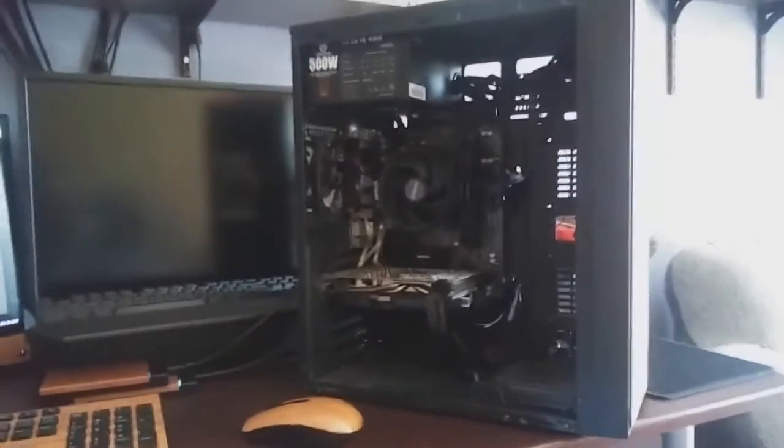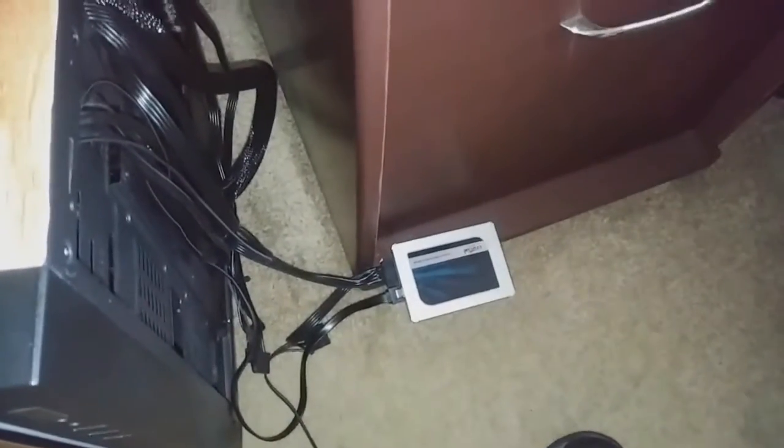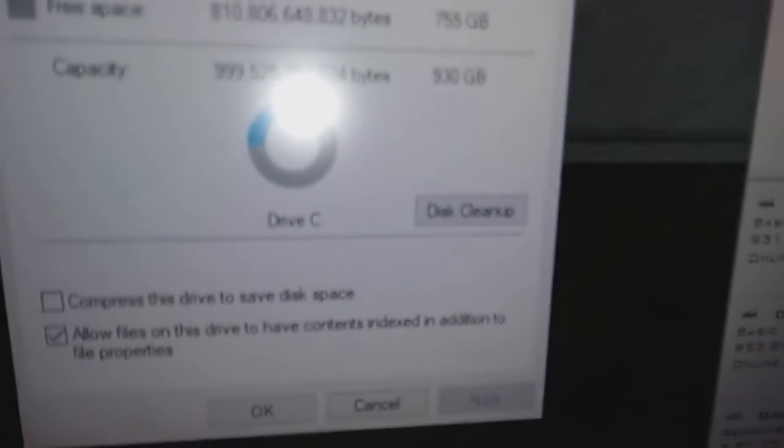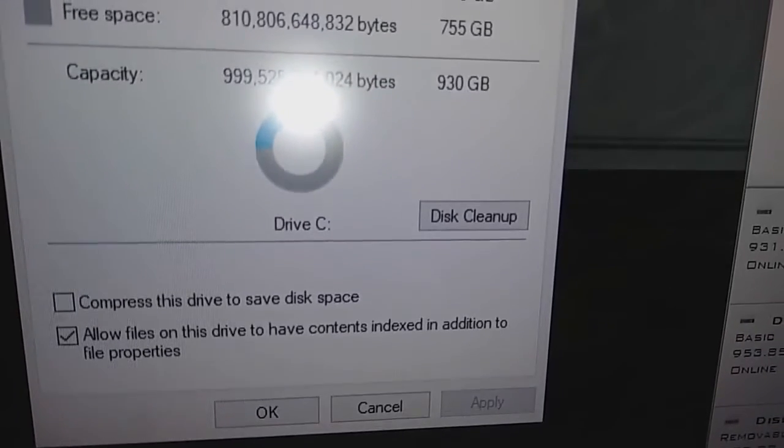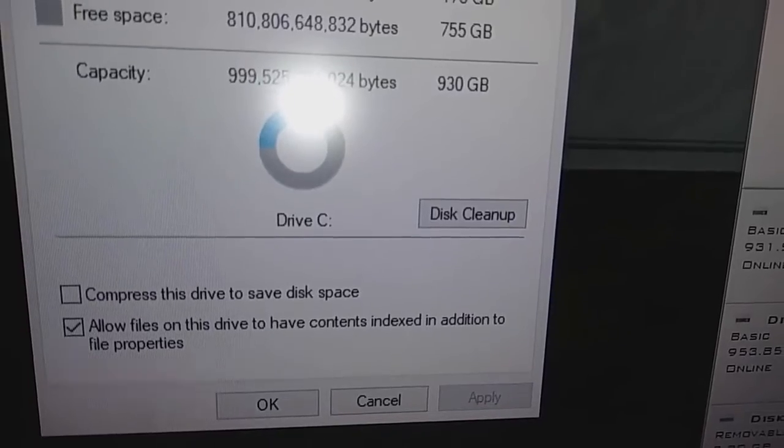So we'll be back. And there, I've got that drive attached. Here's the original one that we had just booted up. That's the original, and that's going to get put away somewhere, I don't know. But we can see that we've got 930 gigs.